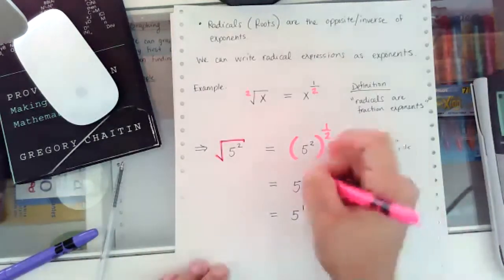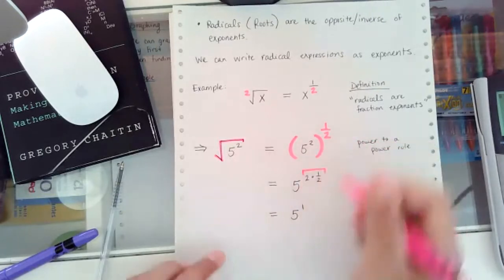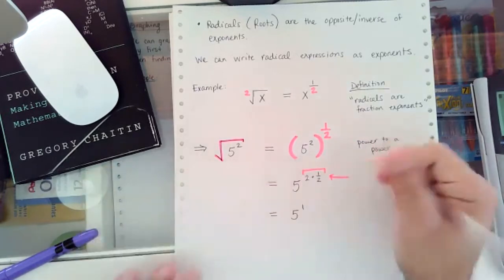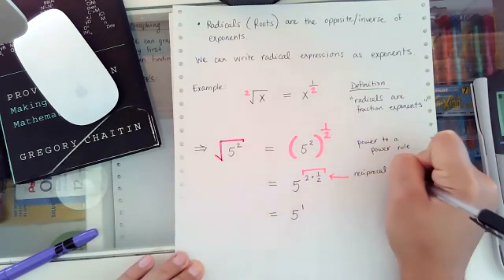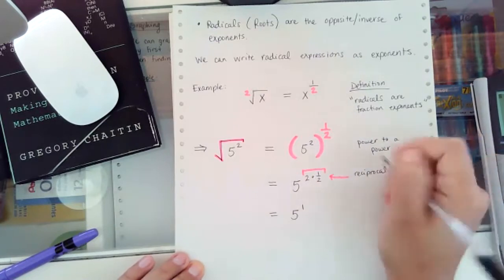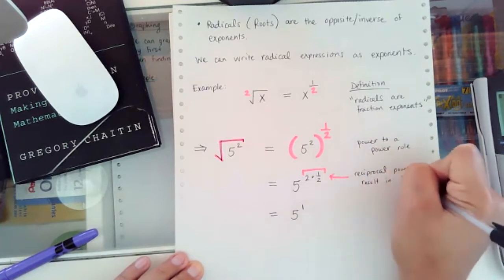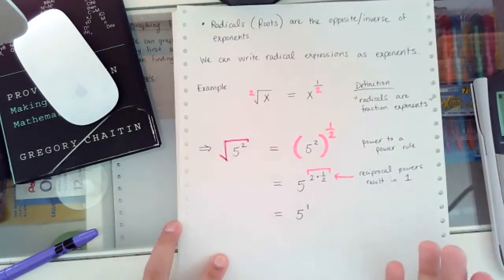So you can see here that when I do this operation to reduce the powers, reciprocal powers result in 1, or they cancel out. And then anything to the 1 power is just itself. You're just writing 1 copy of that number.